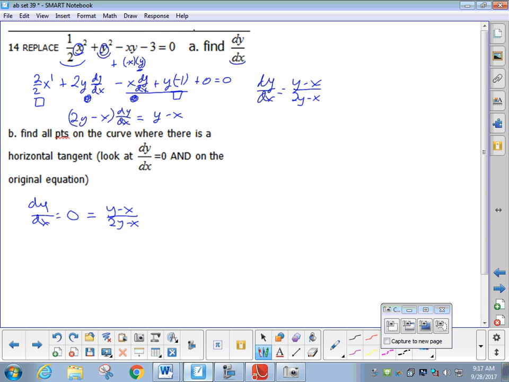So in terms of solutions to this, I don't want to look at both of these equaling 0. I just want to say what makes y minus x equal 0. And that's that y equals x. Now here's the confusing part. Okay, so there's a horizontal tangent where y equals x.